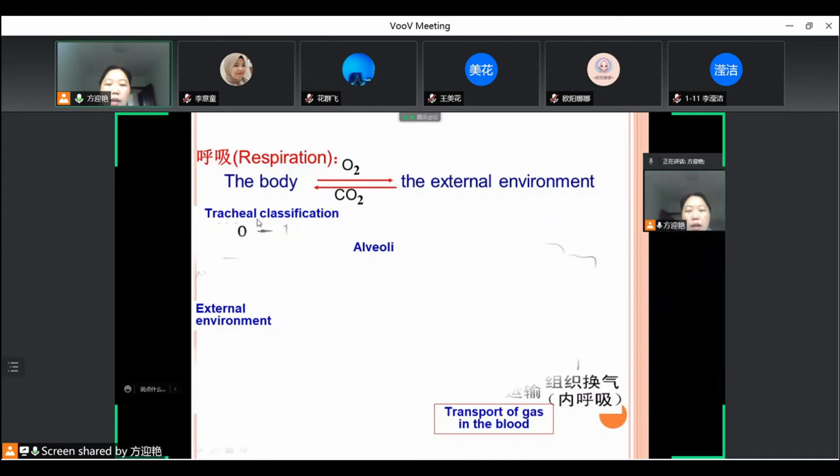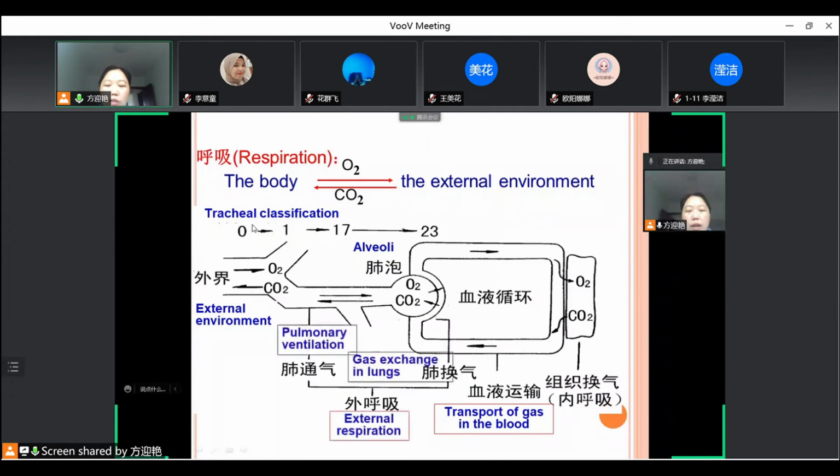And here, the major processes of respiration include: one, external respiration; two, the transport of gas in the blood; and three, internal respiration.